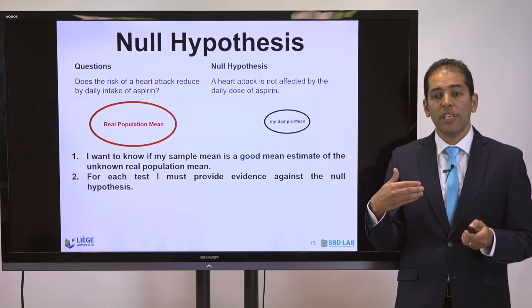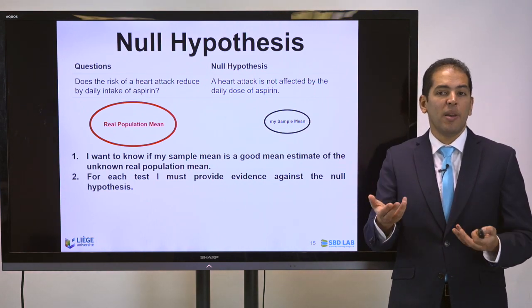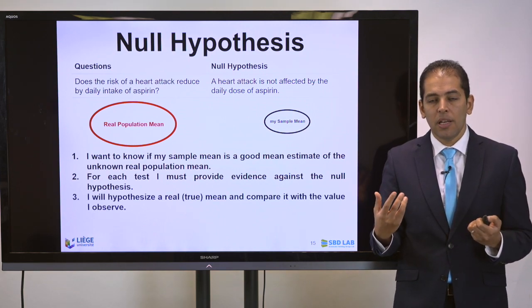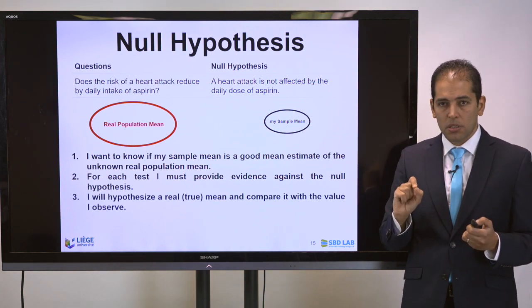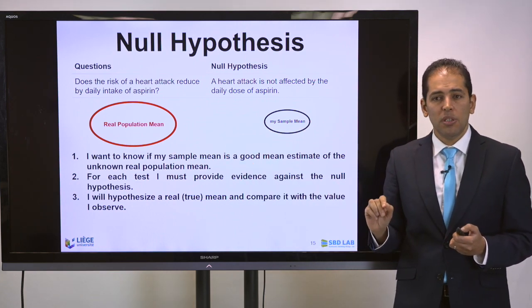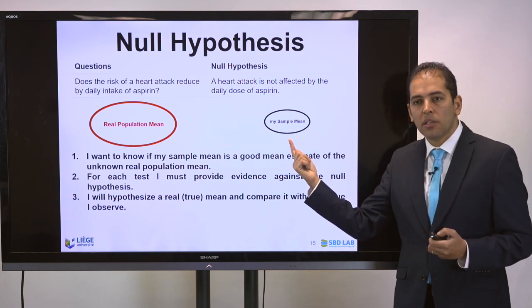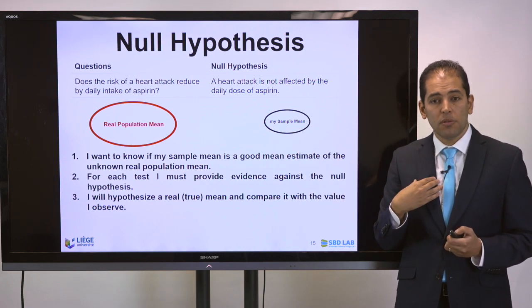Therefore, for each test, I must provide evidence against the null hypothesis. How can I do that? I will hypothesize artificially a true value for the real population mean and compare it with the value of my sample mean that I observed.